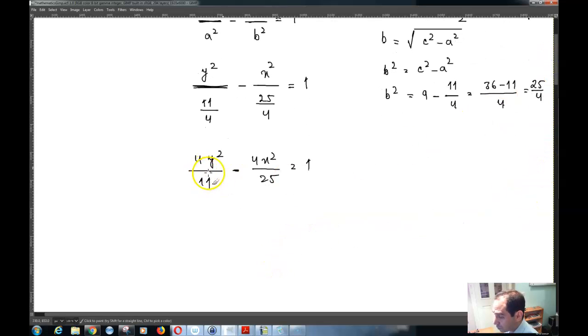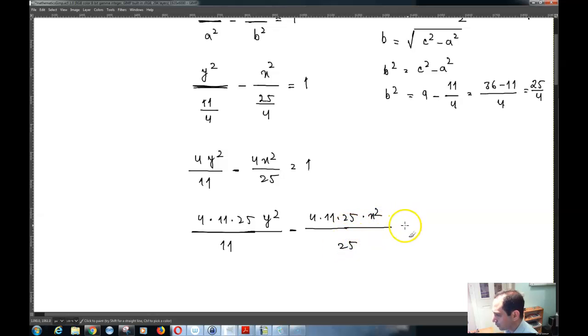And then what I'm going to do is multiply this by 11 times 25, so 4 times 11 times 25 over 11, and if we have y squared over here, minus 4 times 11 times 25 times x squared, and divide by 25 is equal to 4 times 11.